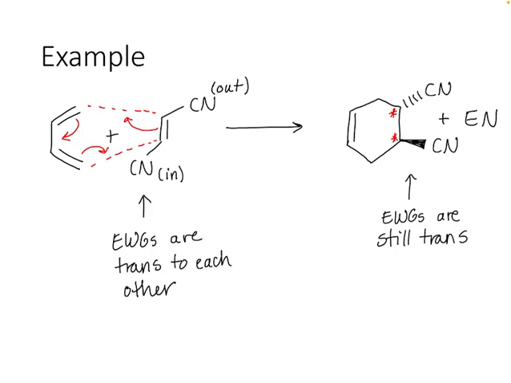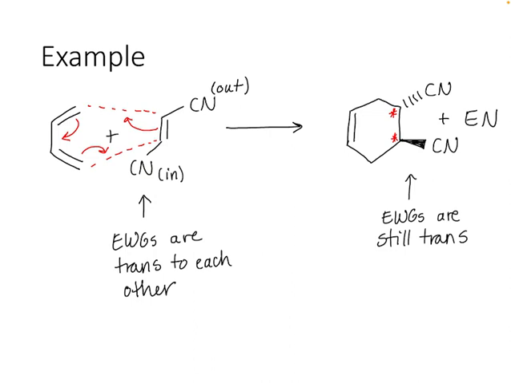And that means that we would also have an enantiomer, so a non-superimposable mirror image. Now, in this example, I said that one cyanide was pointing out and one was pointing in. So that does make a difference in how you draw your product.